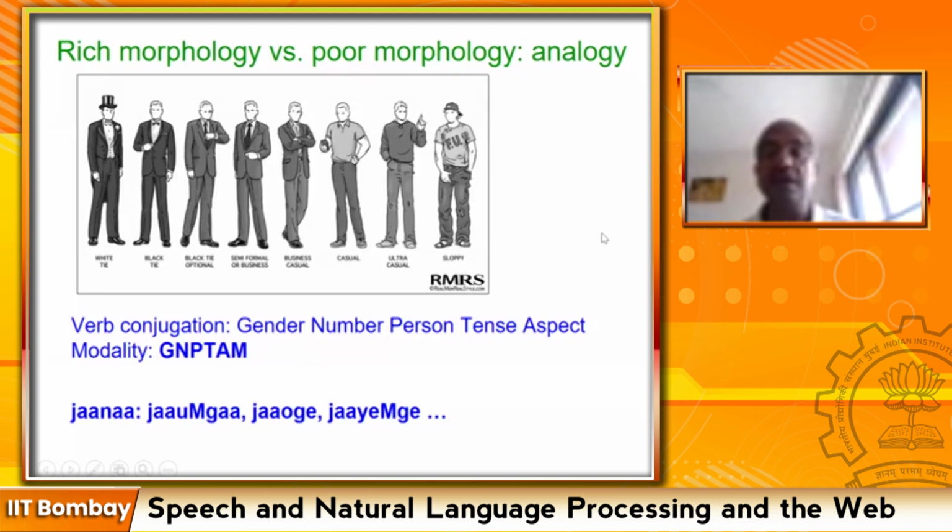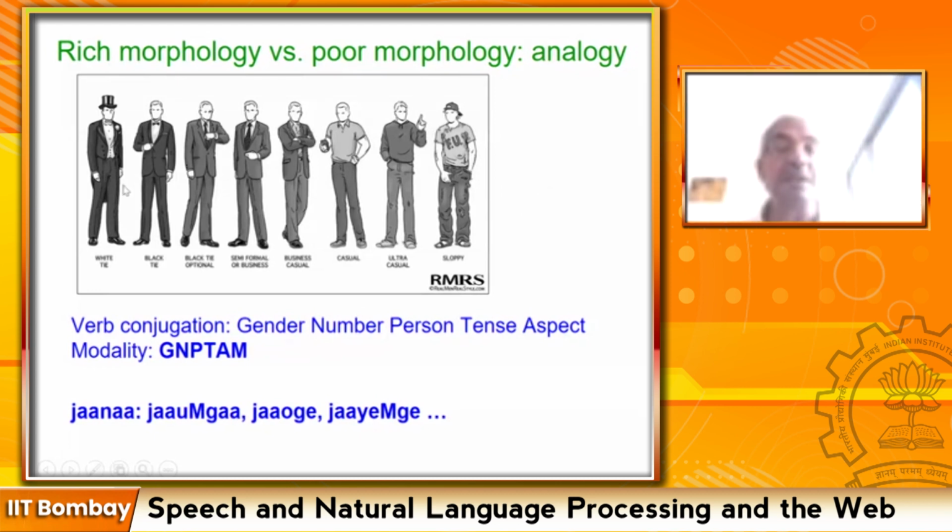For a very casual situation, the last dress, sloppy; for an extremely formal situation, maybe meeting the governor, the white tie dress. So clearly this person is rich. He has many dresses for different occasions. Maybe he dresses for lunch, dinner, breakfast also, because the situation is different.